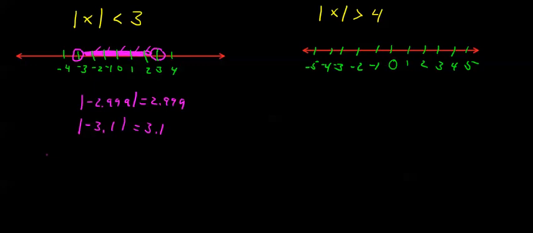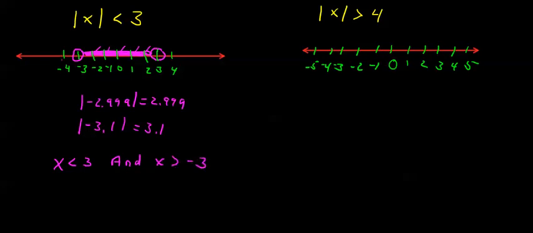So when the absolute value, well, let me do something else first. Looking at the graph, then we see from what we did yesterday that x is less than 3 and x is greater than negative 3.